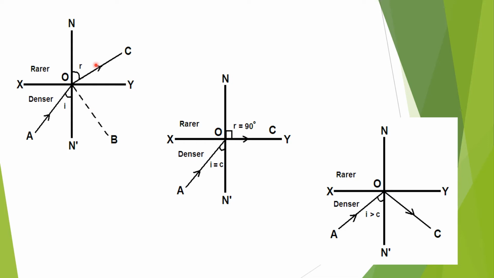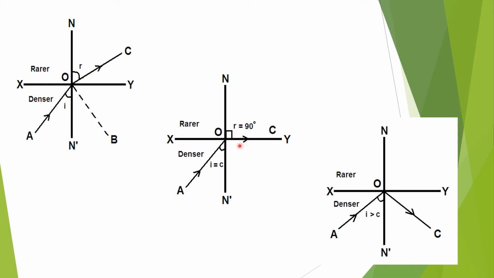In the second diagram we can see the critical angle. The critical angle is the angle of incidence in the denser medium at which the refracted ray just grazes the surface of separation. If you increase the angle of incidence, the angle of refraction also gradually increases. At a certain stage, the angle of refraction R becomes 90 degrees.